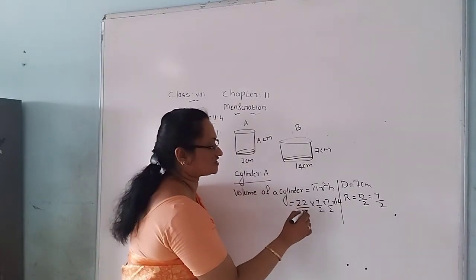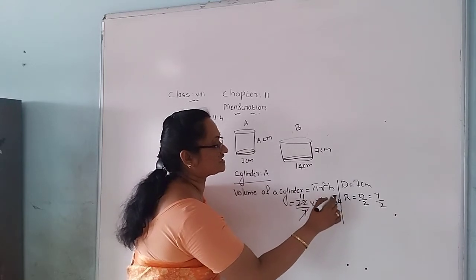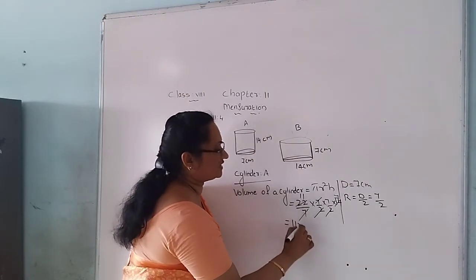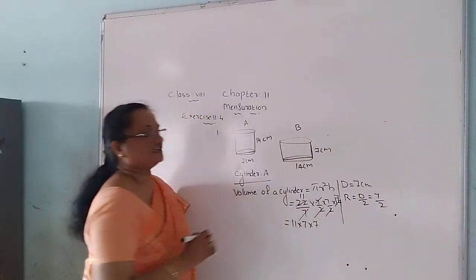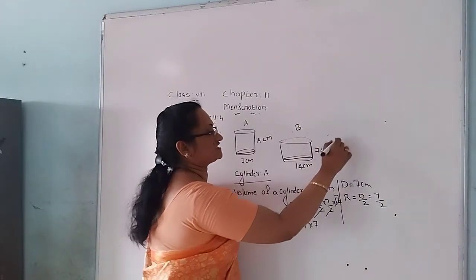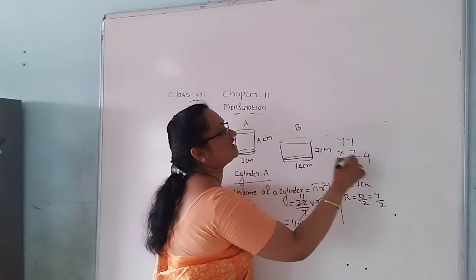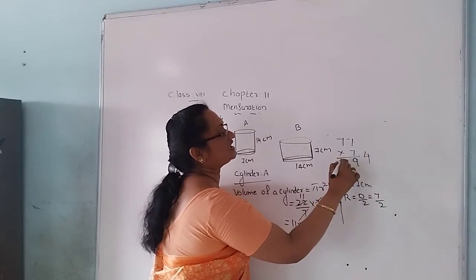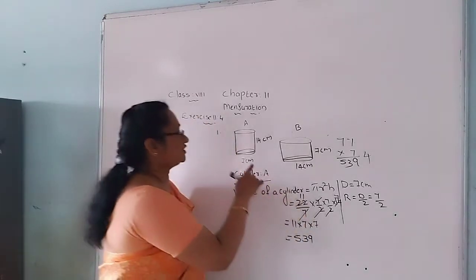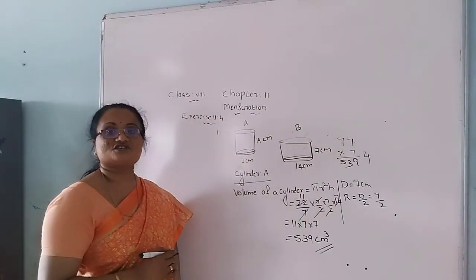Then cancellation: 7 and 7 cancel. 2 and 22 gives 11, 2 and 14 gives 7. The denominator is totally 1, the numerator becomes 11 into 7 into 7. 11 into 7 is 77. 77 multiplied with 7: 7 sevens are 49, 49 plus 4 comes to 53. So the answer is 539. The unit is centimeter, so the volume is represented as centimeter cube.